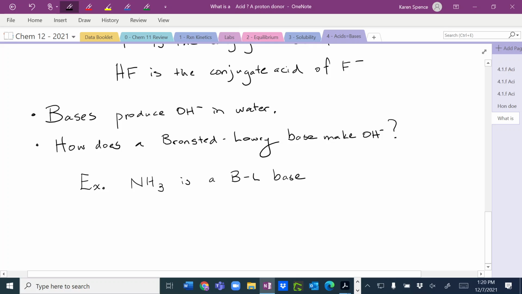For example, NH3, ammonia, is a Bronsted Lowry base. And I defy you to find an oxygen in that compound. It's just not there. So where is this hydroxide coming from? It's coming from water, because the Bronsted Lowry base reacts with water to produce OH minus.